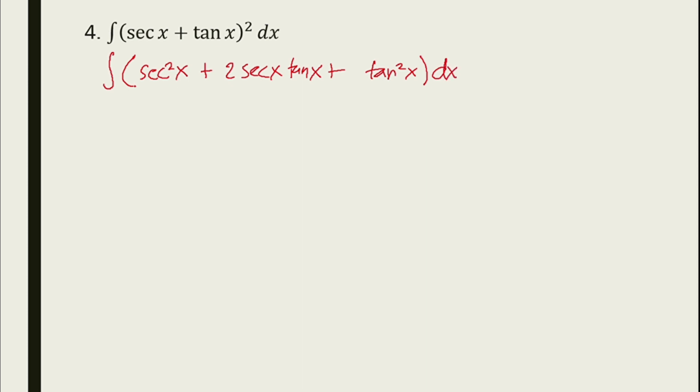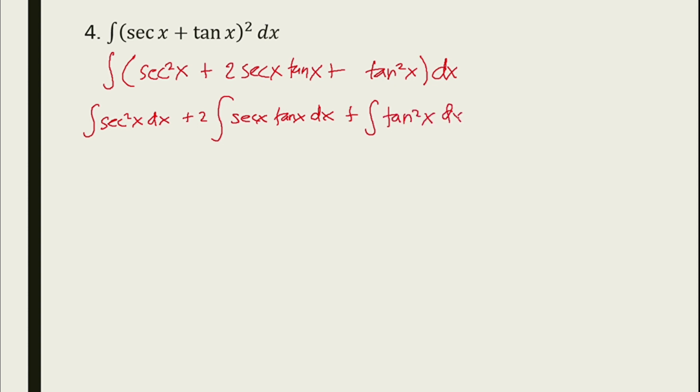After that, we have to simplify it by terms. So we have here the integral of secant squared x dx plus 2 the integral of sec x tan x dx plus the integral of tan squared x dx.